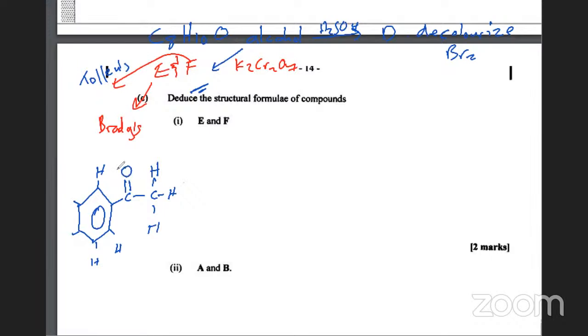All right, there you have your ketone. And then for the aldehyde, you know that the double bond would have to be at the end. So this would be compound E, and then compound F would be the aldehyde.